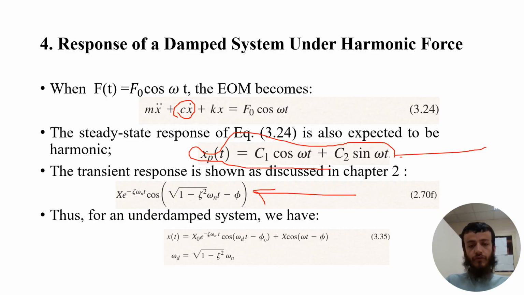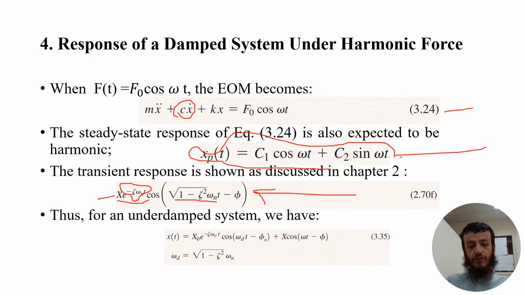If you find the roots of equation 3.24, then you will get this value. X is the amplitude, because we have this term with zeta and omega n t, or we can write this term with omega d, as shown for an underdamped system.